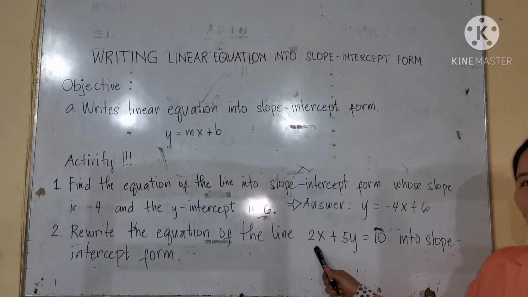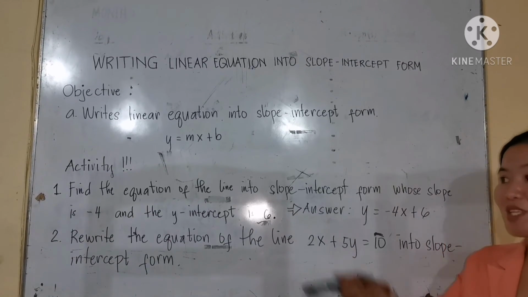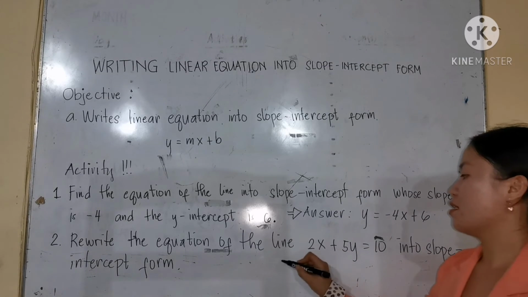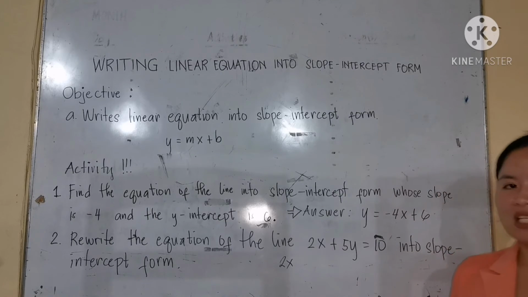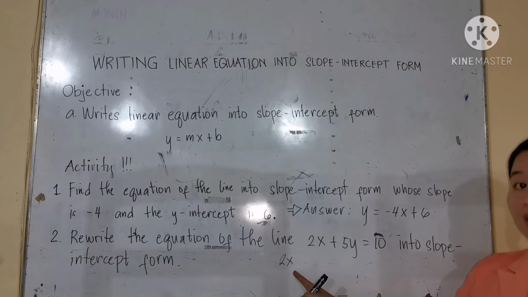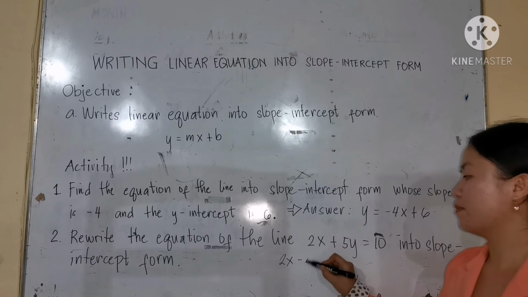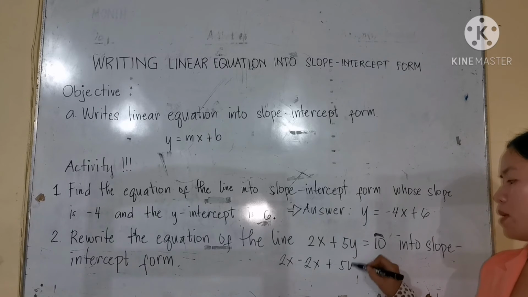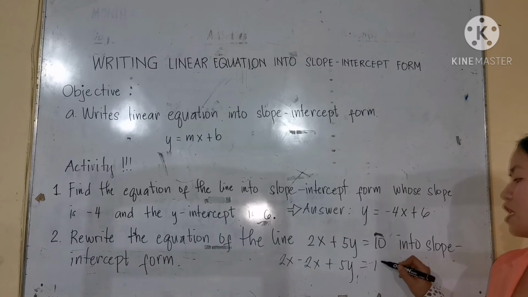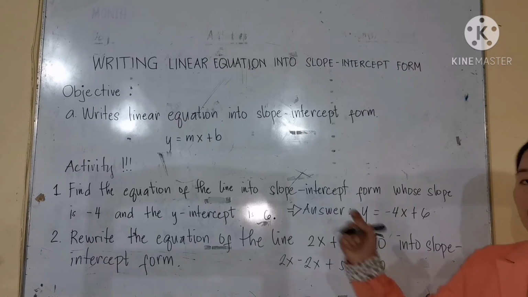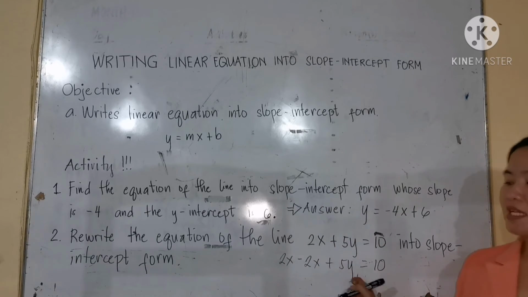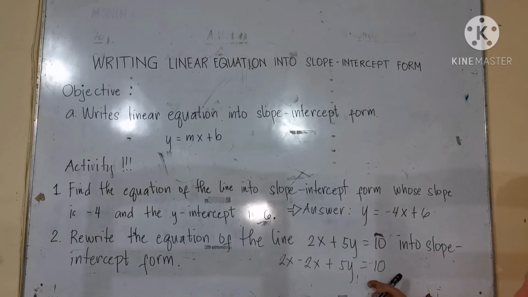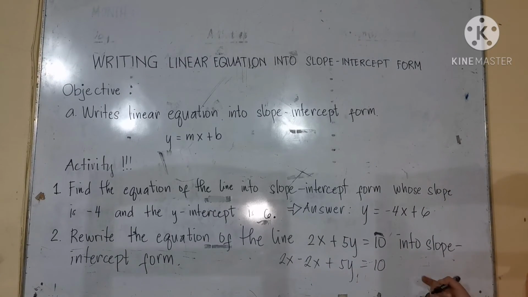Eliminating 2x, we're going to add its opposite, negative 2x, plus 5y, just copy, equals 10. If we add negative 2x on this side, we also add it on the right side, negative 2x.